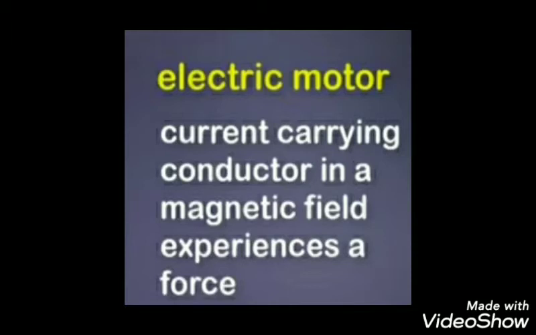We studied about it, isn't it? What is the basic principle behind an electric motor? A current carrying conductor in a magnetic field experiences a mechanical force, or simply a force. Whenever a current carrying conductor is placed in a magnetic field, it experiences a force. Based on this principle, the electric motor works.